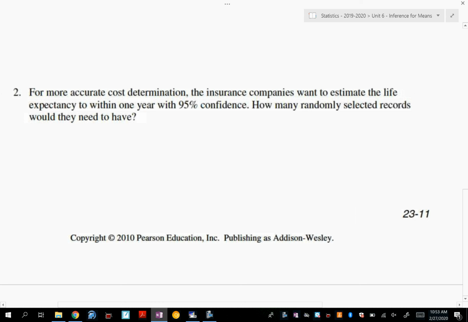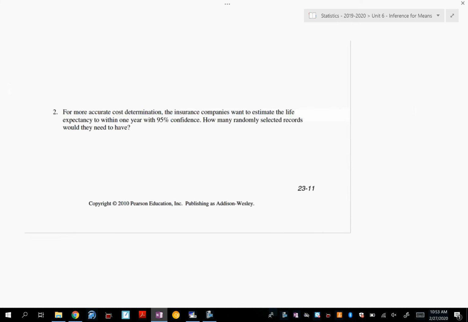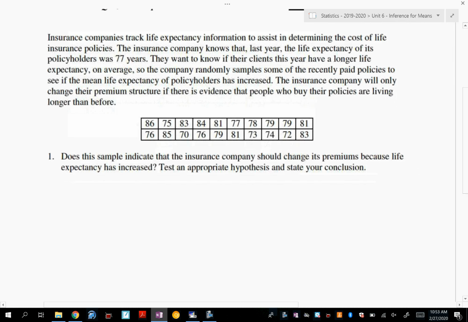So find a spot for this one. Really, I just want to look at number 2. Now, in number 2, what they're saying is, I guess I'll give you the whole problem. So they have an insurance company, and the insurance company is keeping track of the average life expectancy for their policyholders. So people that purchase life insurance policies with this company.